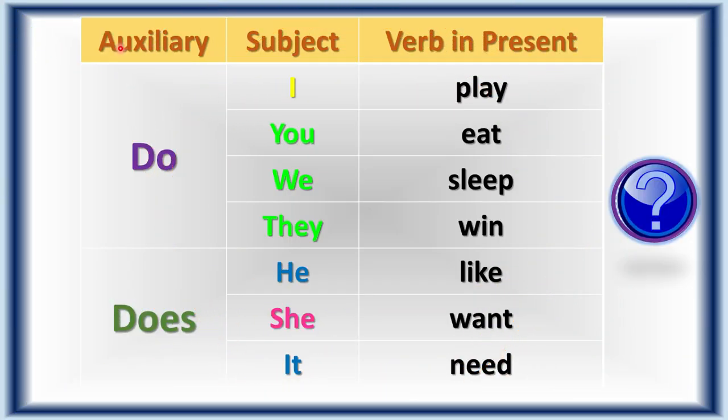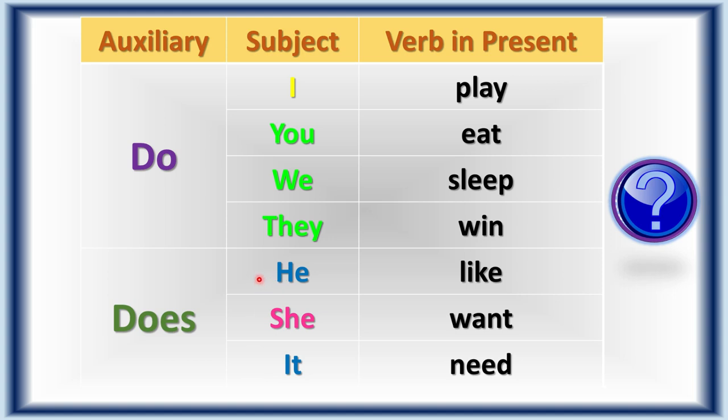Finally, we have to use auxiliary, subject, verb in present, and a question mark at the end. Here, when we try to create a sentence in interrogative form, we have to use do, I, and the verb in simple present. Do I play? Do you eat? Do we sleep? Do they win? Does is only with he, she, it.